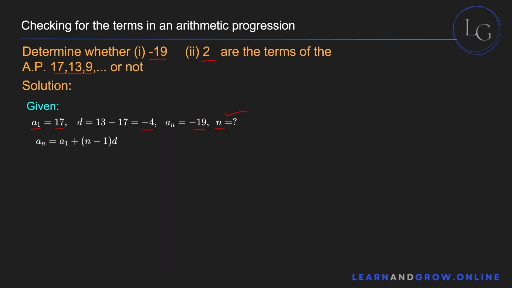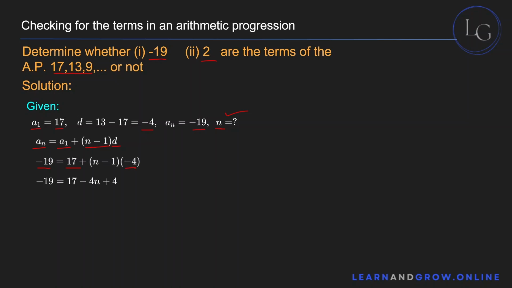We have to verify the value of n and see if it is an integer or not. We already know this formula that an is equal to a1 plus n minus 1 into d. So an, the value that is being given to us, is minus 19. We'll plug that in. a1 is 17, so we'll plug that in. And we have to find the value of n, so n minus 1, and the common difference is minus 4.